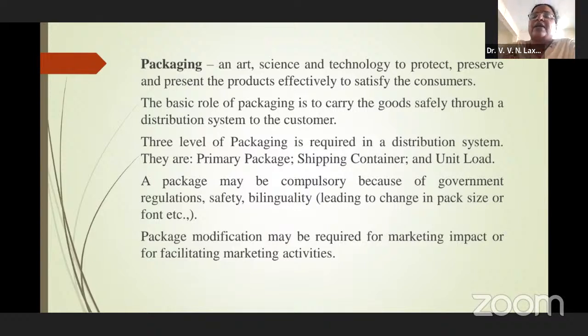Now, packaging modifications are demanded for having a greater marketing impact. For example, Maggi is successful across the world among children, it seems, because of the color combination that is used over the pack. Yellow and red.